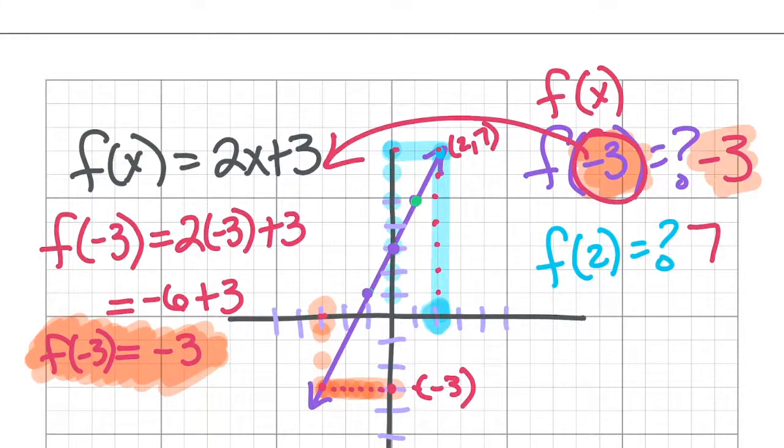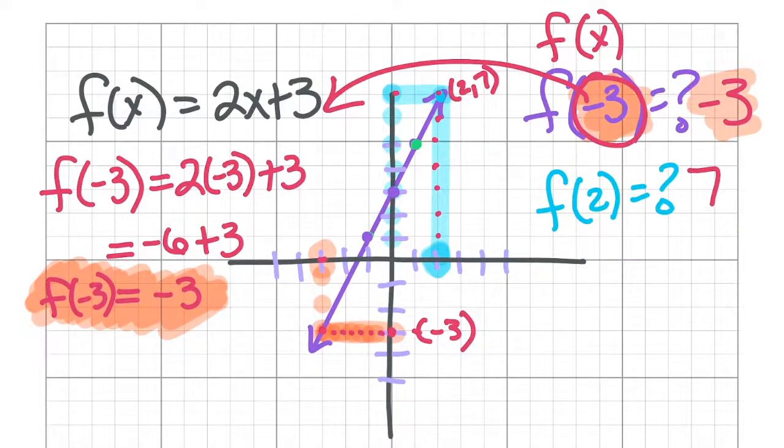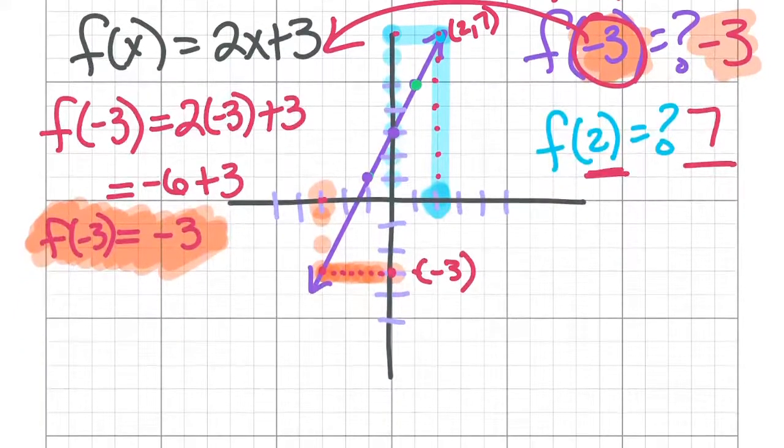Now let's put it in the formula to see if that's true, because what this is saying is for this function, when x is 2, y is 7, and you can see that because a line touches at 7 when x is 2. So f of 2, and I'll put this directly underneath it too.